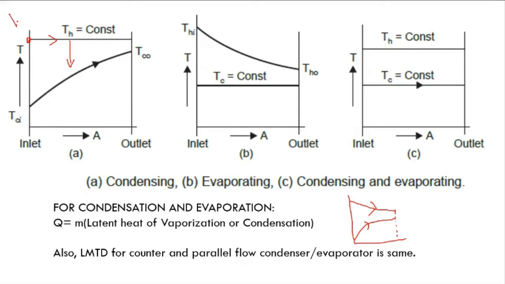If the inlet is in vapor form, maybe the outlet would be in liquid form. So if vapor is being converted to liquid, it will be losing heat continuously, but the temperature of the fluid is not going to change. Is this part clear to everyone? How are we getting this diagram?